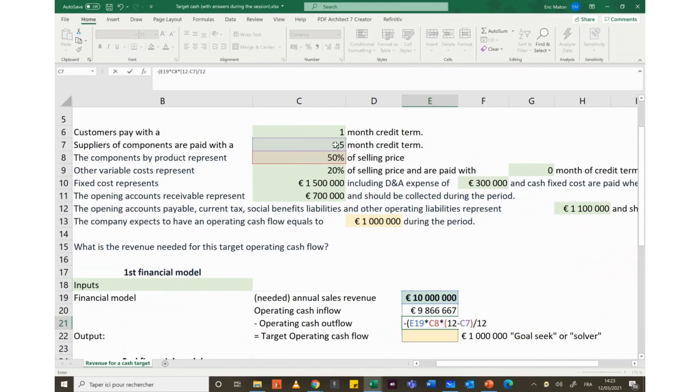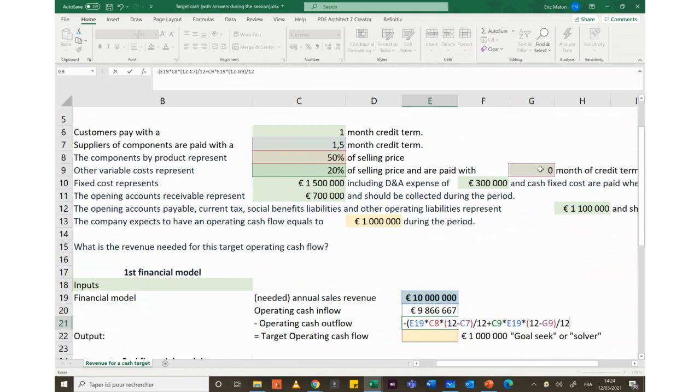After this I need to do the same for the other variable cost. They represent 20% of the selling price, so 20% of the sales revenue multiplied by 12 minus the credit terms in months divided by 12. I have to pay the cash fixed cost.